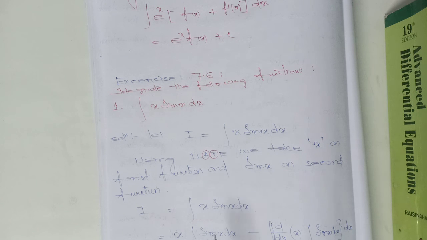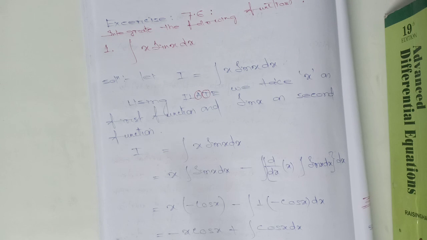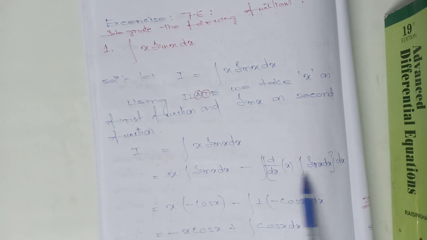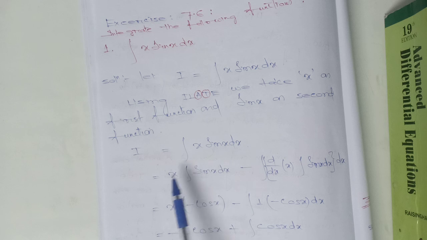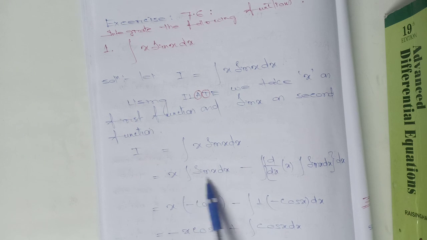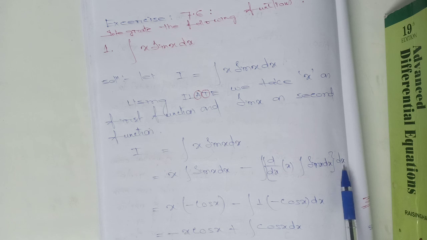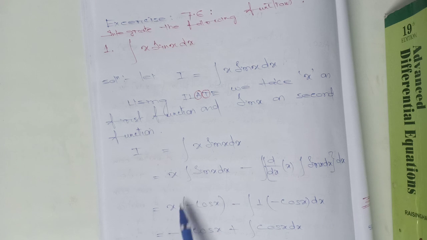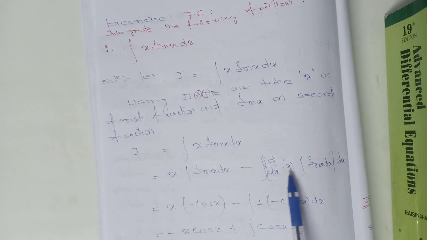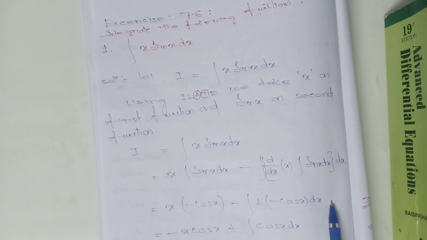Now we'll proceed. In the integration of x sin x dx, it is x into the integration of sin x dx, minus a big integration, under which is d/dx of the first function x, into the integration of the second function, dx. Now x into the integration of sin x, which is minus cos x, minus d/dx of x, which is 1, into the integration of sin x, which is minus cos x, dx.